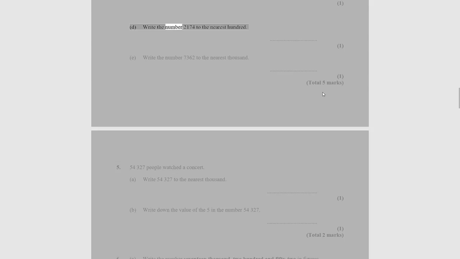Write the number 2,174 to the nearest hundred. 4e. Write the number 7,362 to the nearest thousand. Total 5 marks.